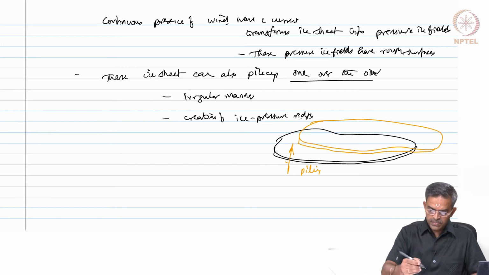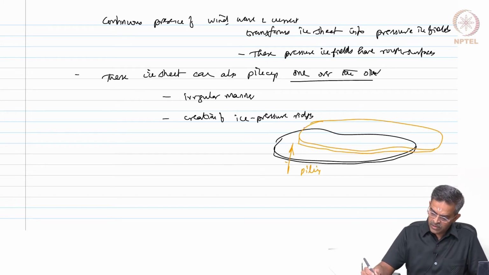For example, the intersection of this piece with the bottom one is a classical example of an ice ridge, and so on.